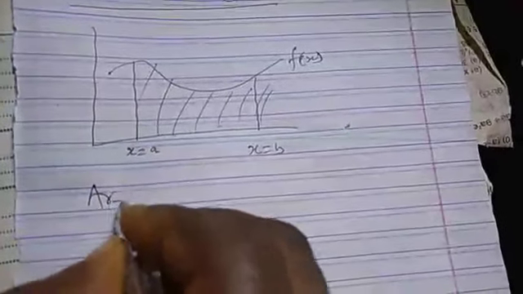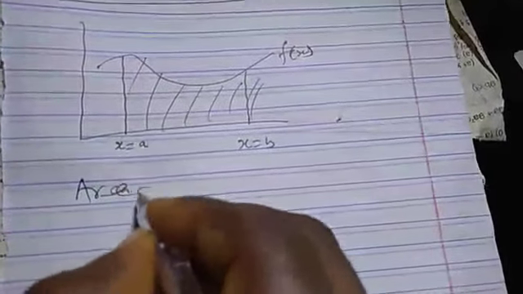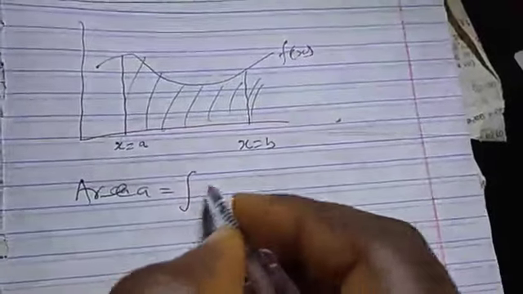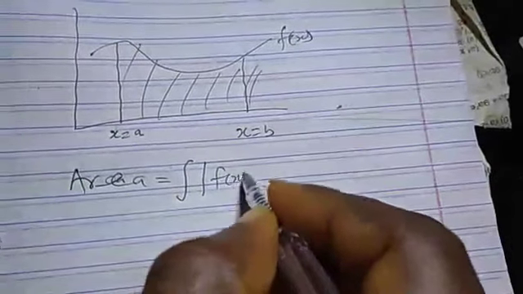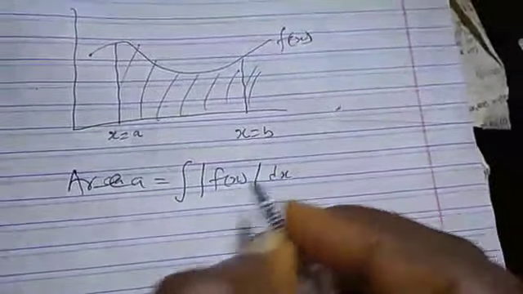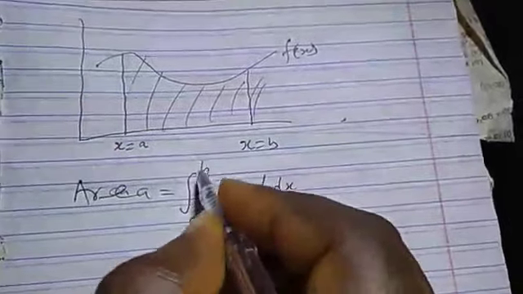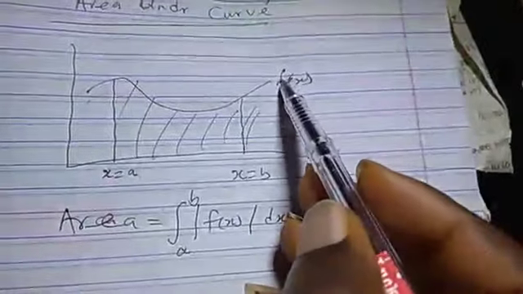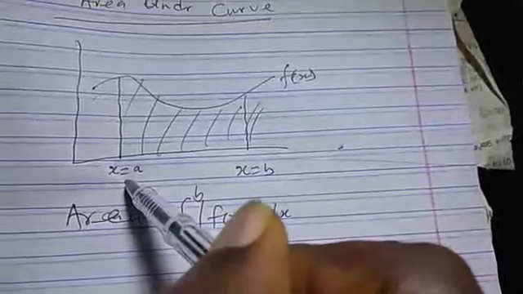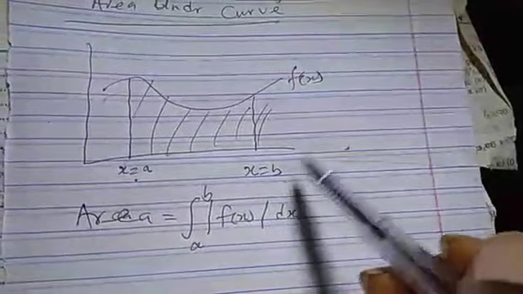That is one of the applications of integration. So the formula is this. Area is simply the absolute value of the integral of f of x dx from a to b.